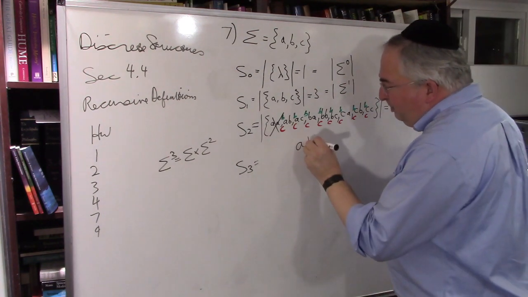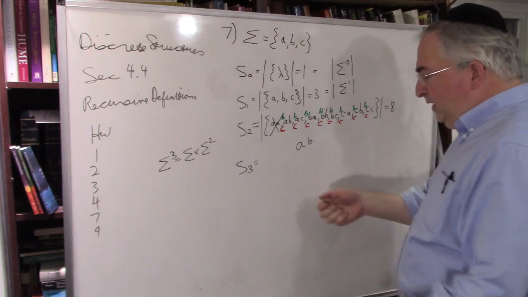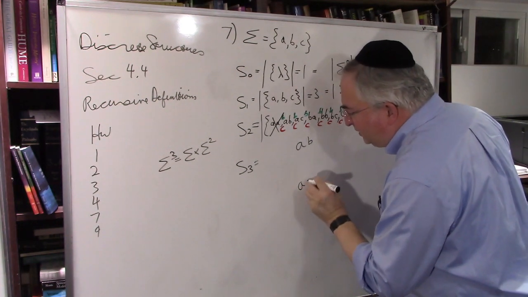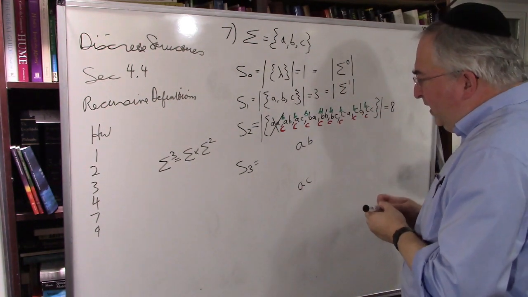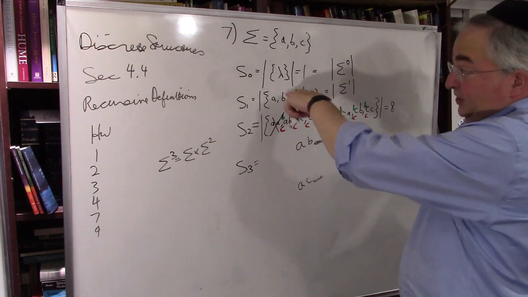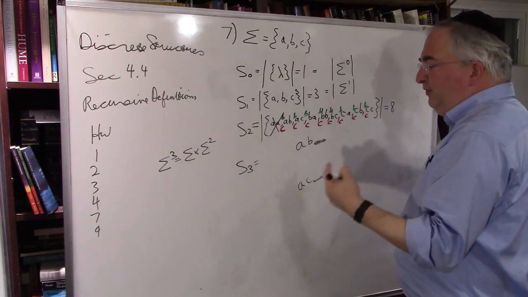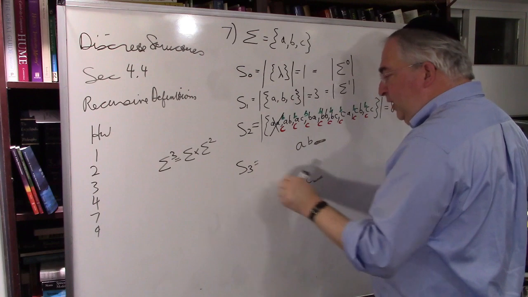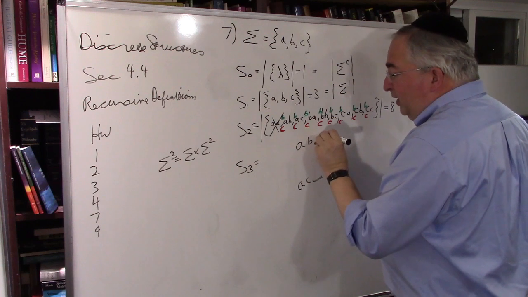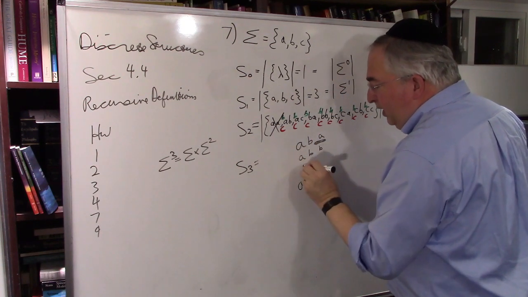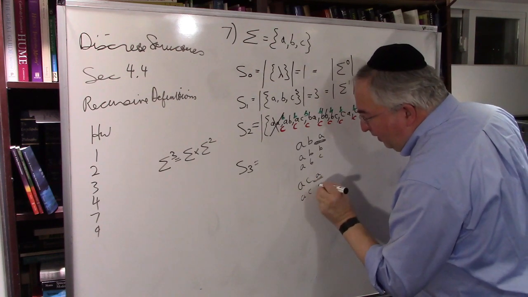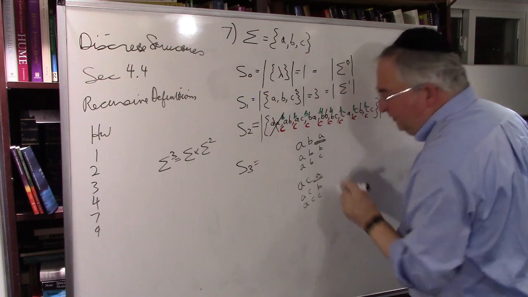So I can put a B, or the next letter has to be a C. Well, we're looking for words of length 3. If you're going to start with AB, the only thing left is these words: ABA, ABB, ABC, ACA, ACB, ACC.